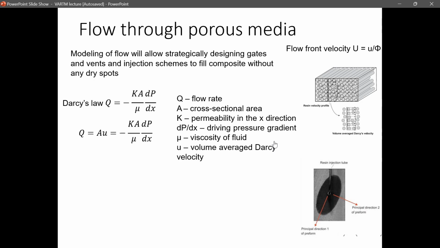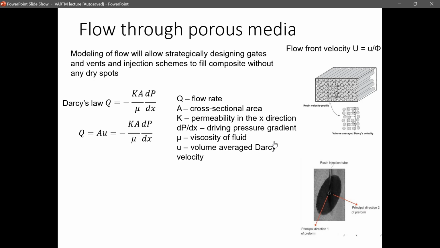So, what is important for us here? Specifically, the pressure gradient is very important, viscosity of the fluid is very important, cross-sectional area is very important, and then you have to come up with a method that lets us calculate the flow rate in this whole system. Using all of these, we can find the permeability of the fabric, and based on this, we can essentially know how much suction we need and what should be the speed, the flow rate of the fluid passing through your resin to make sure that we have a uniform spread of the resin.